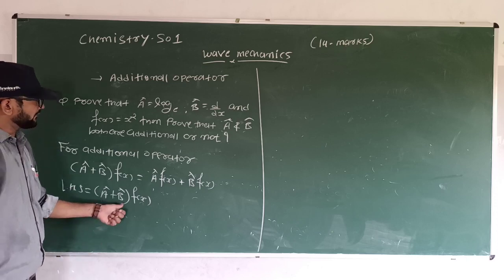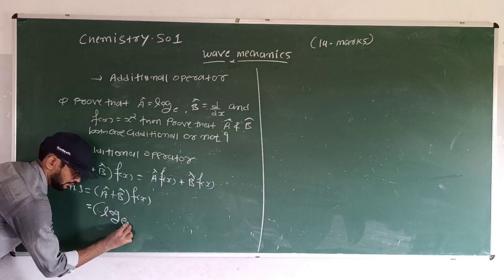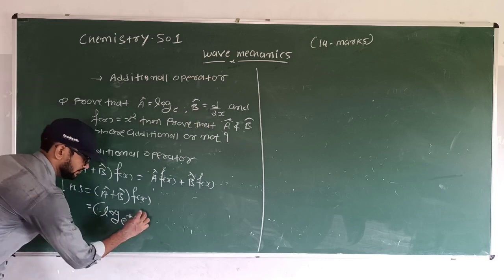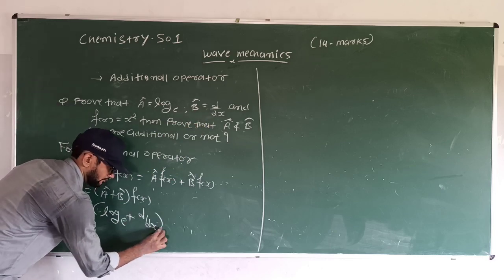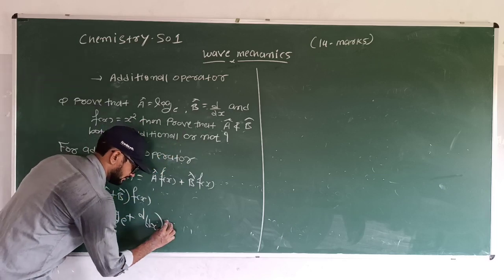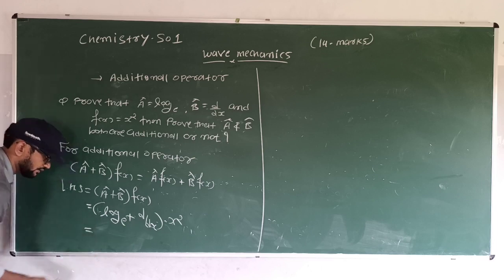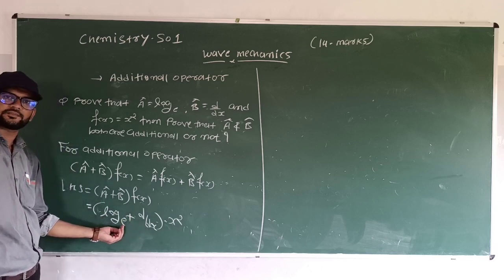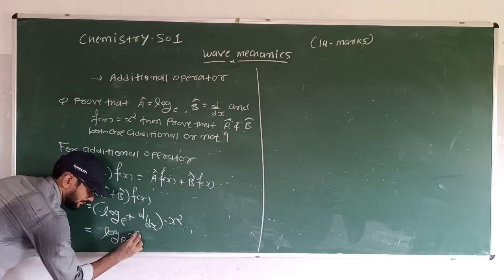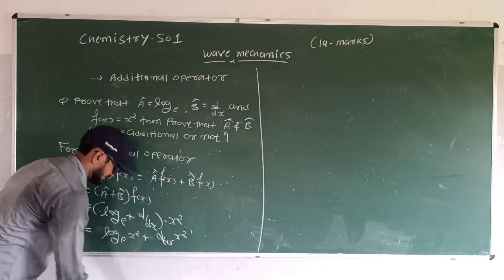The value of A cap is log base e, plus the value of B cap is d/dx, and the value of f(x) is x squared. So x squared multiplying the bracket: log base e of x squared plus d/dx of x squared.